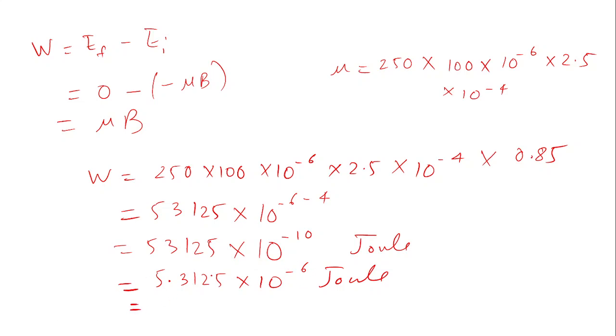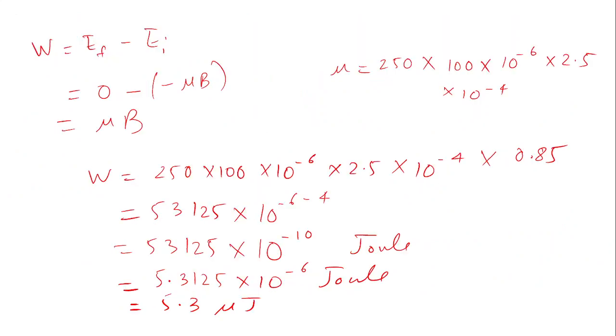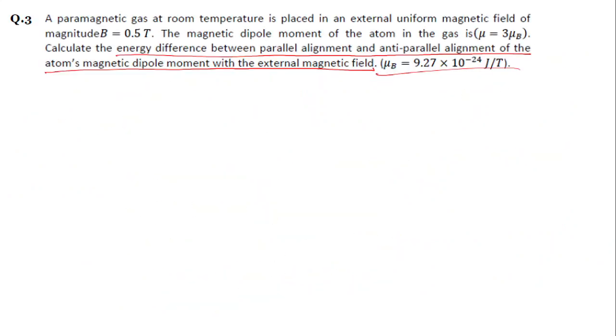I can also restrict it to the first decimal place, so it will be 5.3, and instead of writing the exponent, I can write microjoule. So the answer here will be option A: 5.3 microjoule is the work required to rotate the coil, whose magnetic moment is along B, and finally move it to perpendicular. This is also a good question.